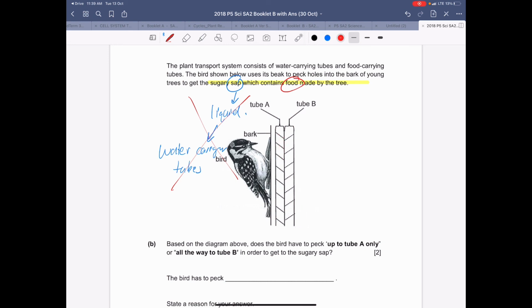Okay, and the next thing is, a lot of you did tell me that due to the warm air, it actually increases the temperature of the surrounding. So you can say that the warm air has a higher temperature. That's important. Remember, I told you higher temperature results in faster rate of evaporation.